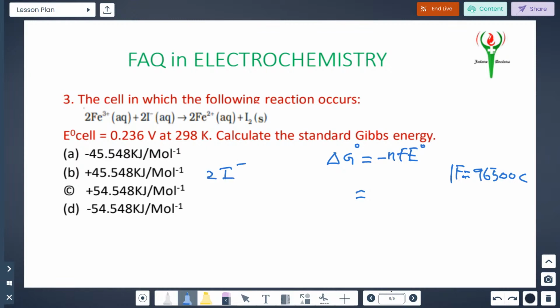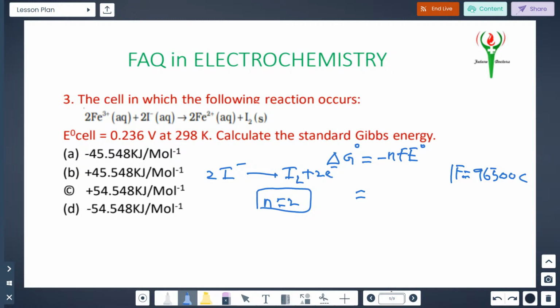If you want to balance the equation, we put 2 electrons on the right hand side. Then only it is considered a balanced equation. Then only I put n is equal to 2. Understood? Now n value we know, F value we know, E naught is given.